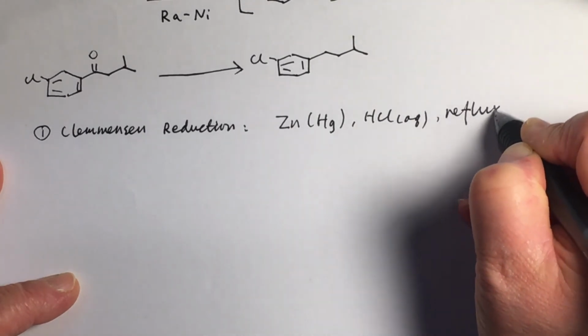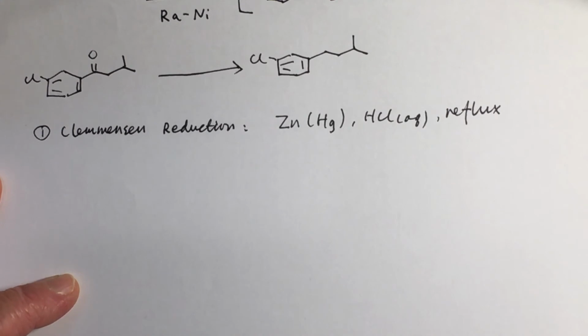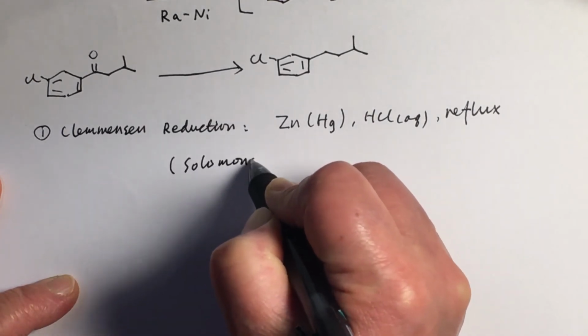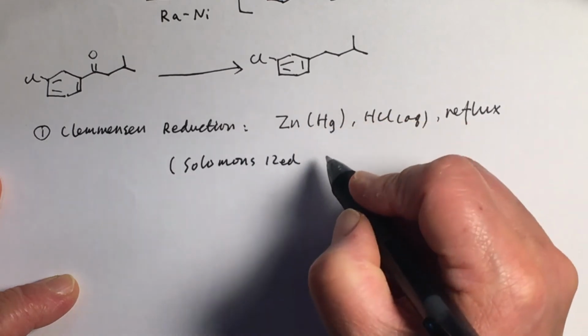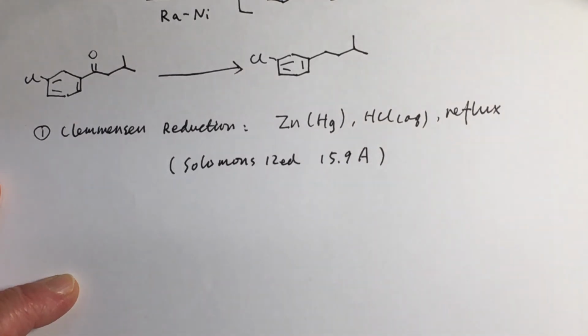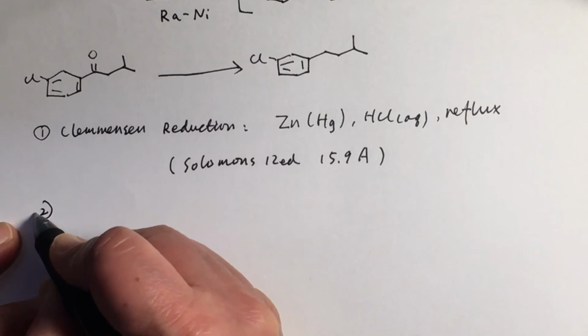The reaction very likely undergoes a free radical mechanism, converting a C=O double bond into CH bonds. This reaction in Solomons' 12th edition is discussed in section 15.9a in the electrophilic aromatic substitution chapter.